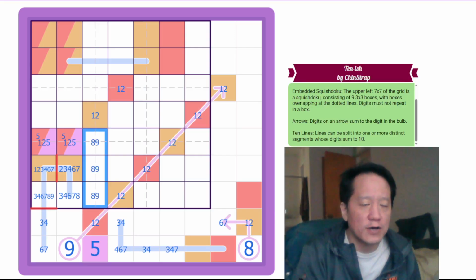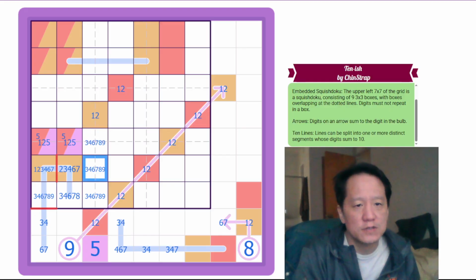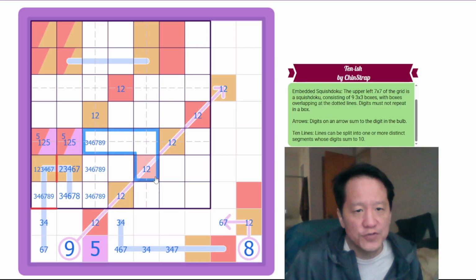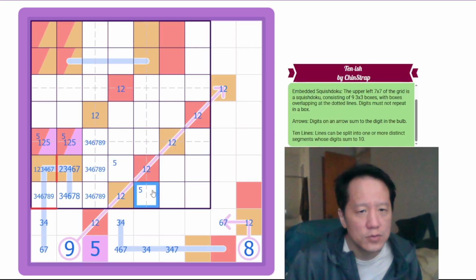And then 1 out of 3, 7, 4, 6. That means where's 5? 5 cannot appear here in box 8 or 9. So 5 is one of these two in box 8. And if it's here in box 8, it has to be one of these two. If it's here in box 8, it cannot be in these digits in box 9. Interesting.